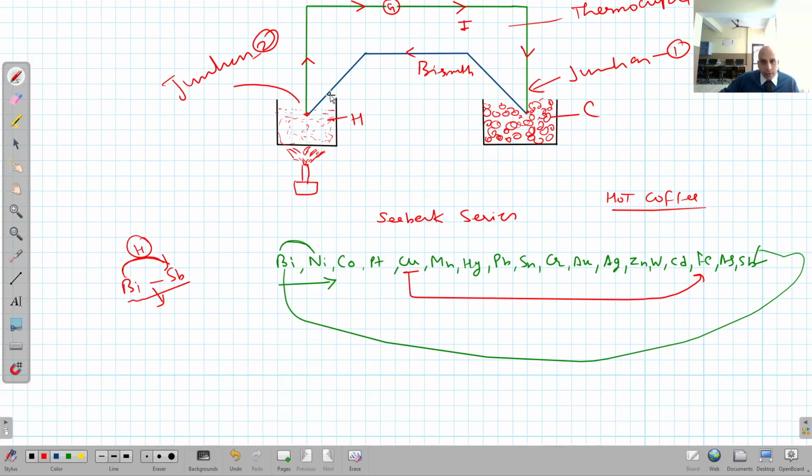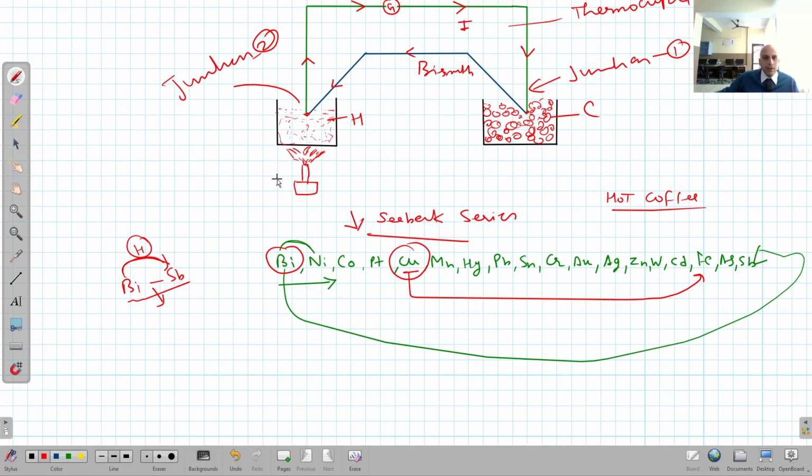I can take the example of this copper and bismuth. Bismuth comes earlier, and here it is copper. So obviously at the hot junction, it goes from bismuth to copper, so it is already there, right? So this is the importance of this Seebeck series. It is directly linked with the direction of the flow of current, and also with the magnitude of the induced EMF in the thermocouple, right?